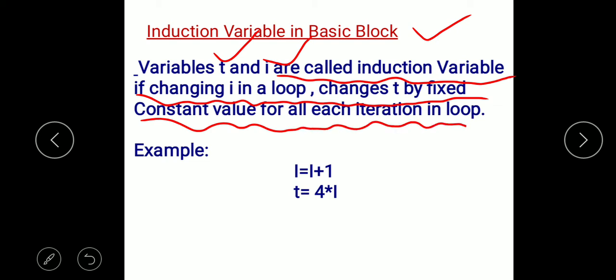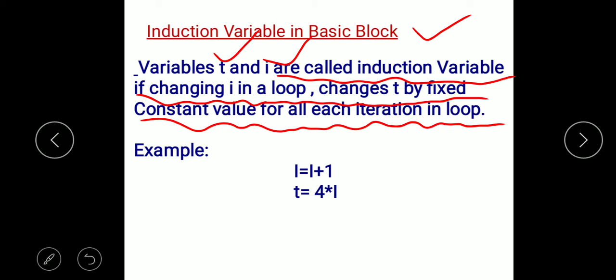So first of all, you need to observe the basic block you have been given. Within the basic block there could be two variables I and t. The names could differ, but changing I also changes t by a fixed constant value.